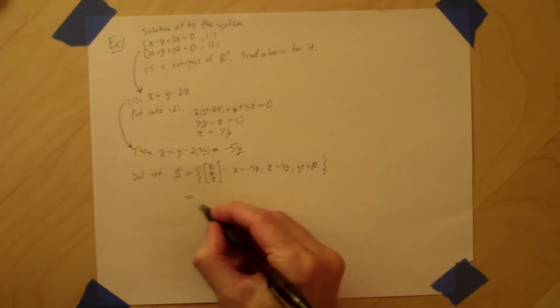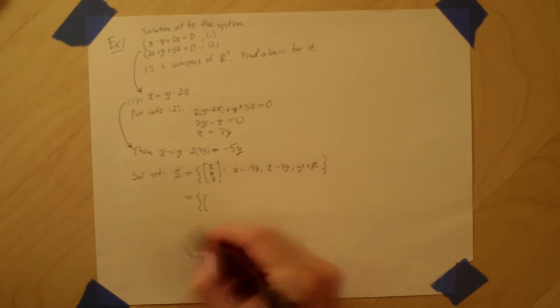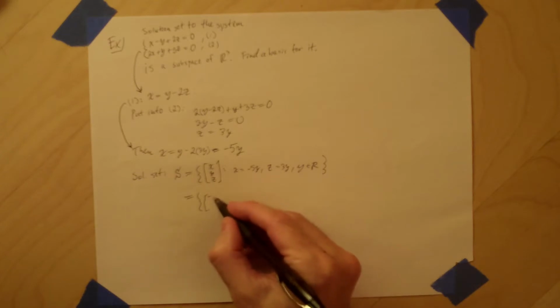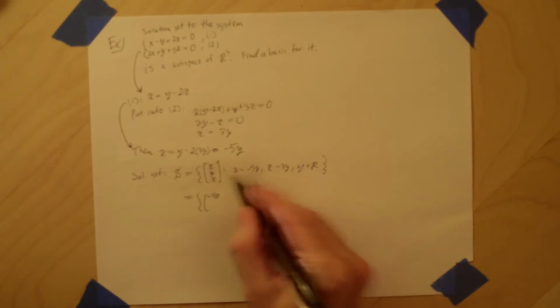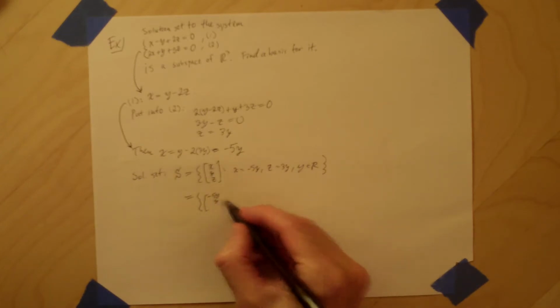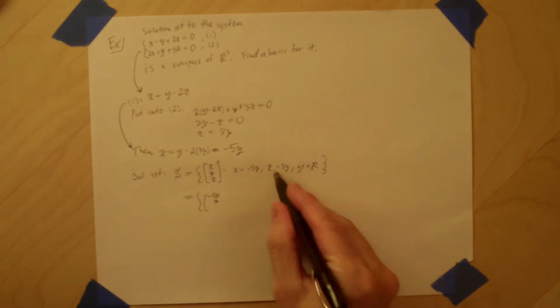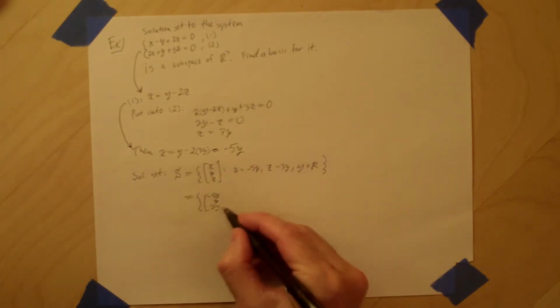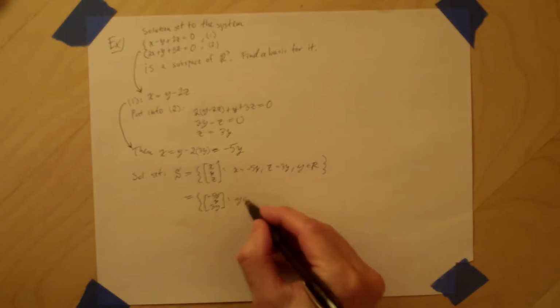Then we can make this nicer. x is negative 5y, so why don't we just go ahead and put that in there for x, and y stays as itself, and then z is 3y. And again, y is any real number.